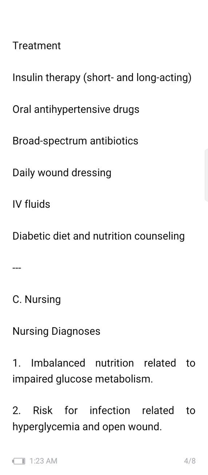For the IV fluids, you have the NS, DNS, Ringer's lactate, and the others. Diabetic diets and nutrition counseling. So these were the things that were done for the person, the treatment that was given to the person for the person to feel better.